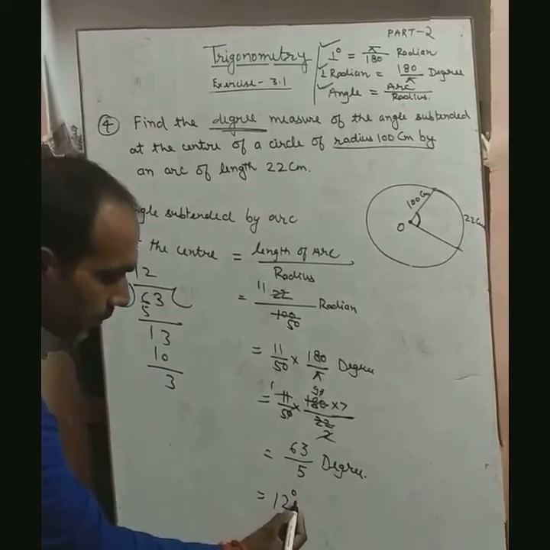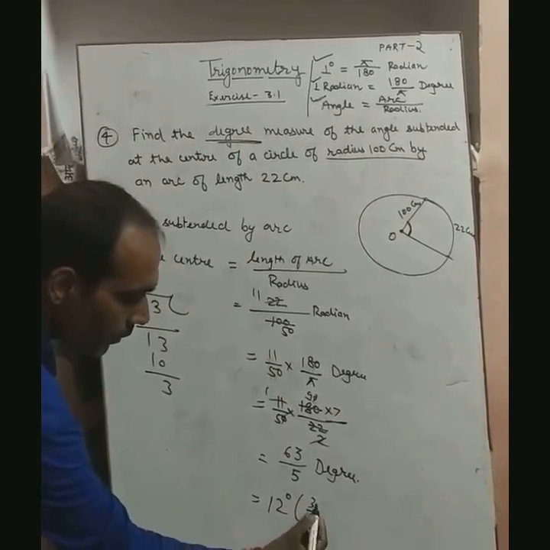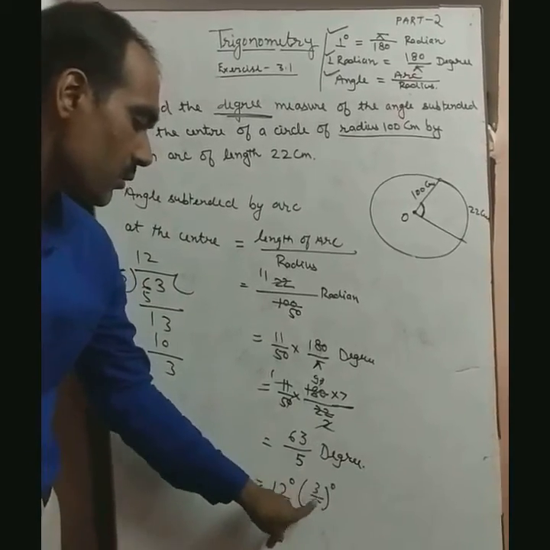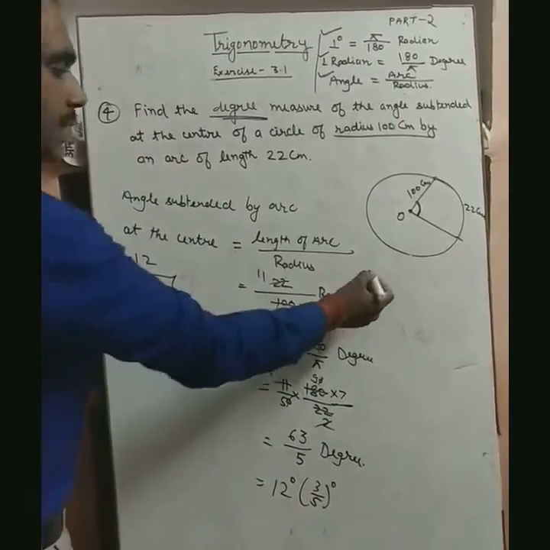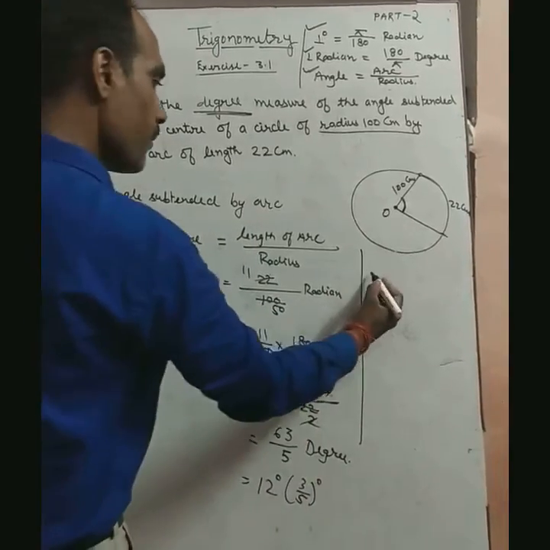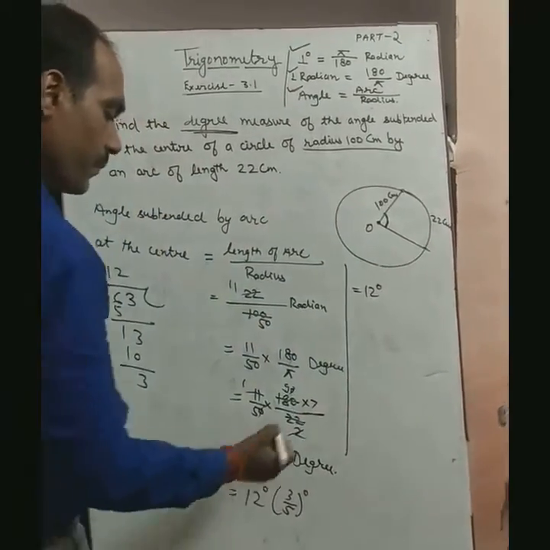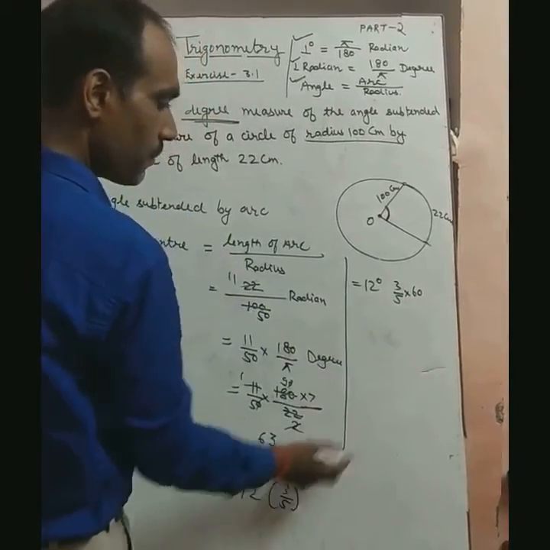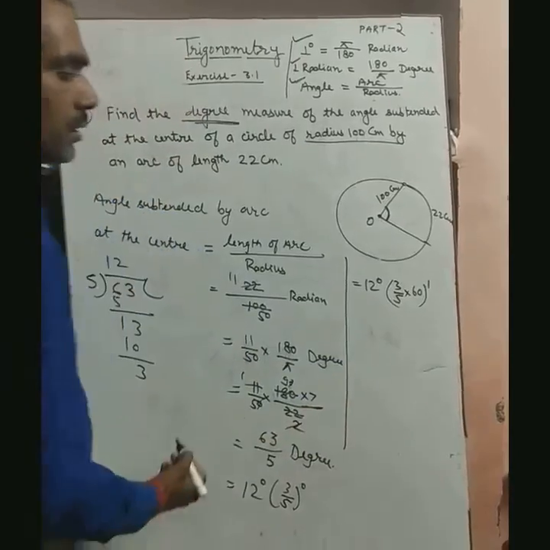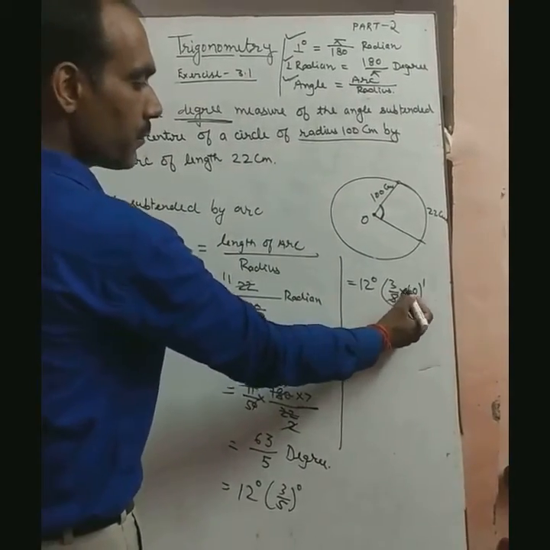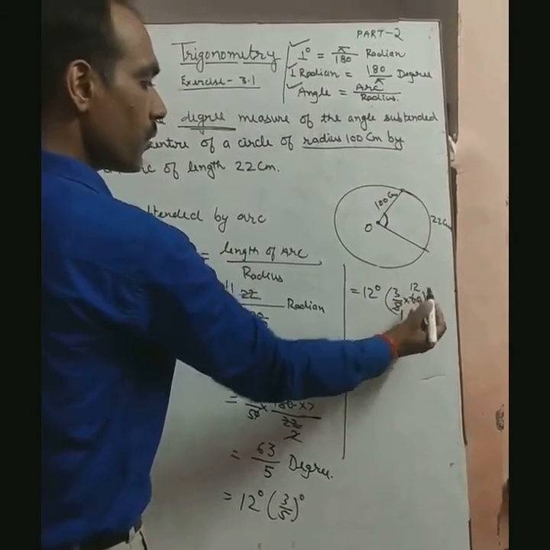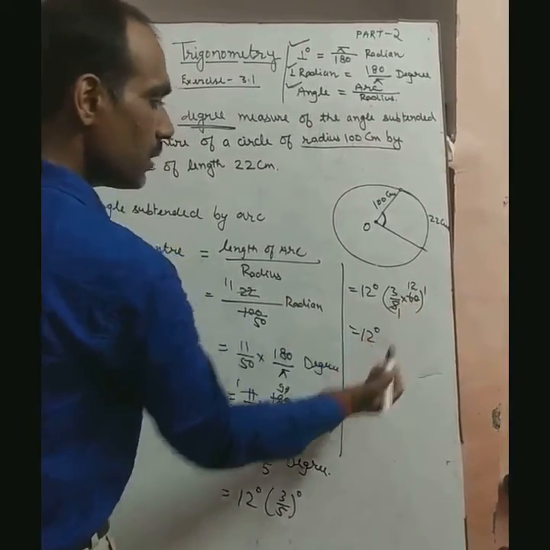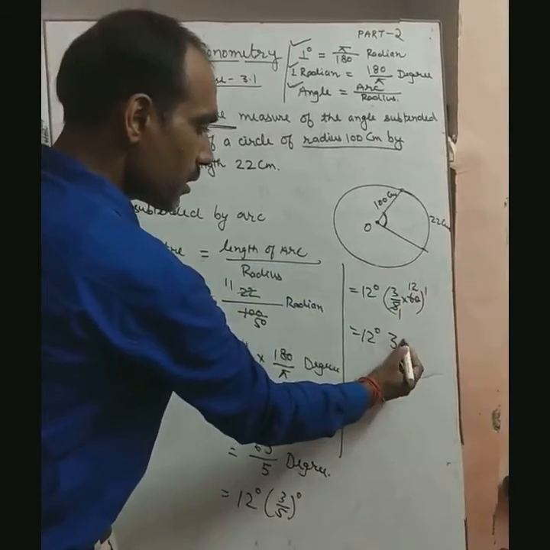So also convert it into minutes, and after that convert it into seconds. 12 degree 3 upon 5, we will multiply by 60, then it converts into minutes. 5 times 12 is 60, so 12 degree and 3 times 12 is 36 minutes.